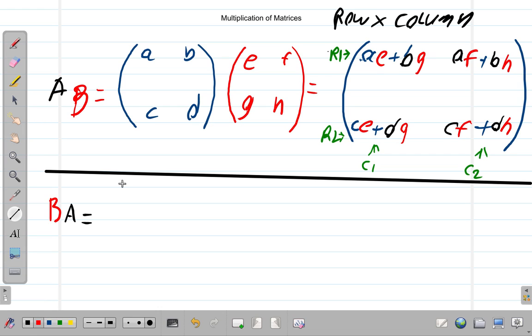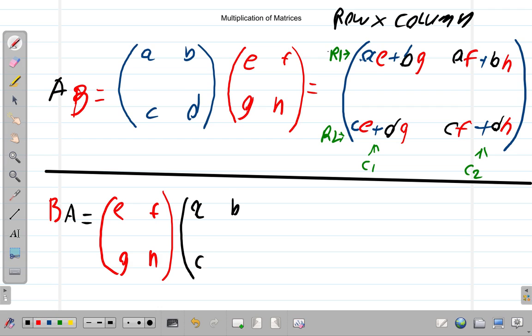What did you get? B first. We're going to have E, F, G, H, and that will be multiplied by A, B, C, D. Don't worry, at a later time, in another video, we're going to use numbers, but this time we're just general and are using letters.